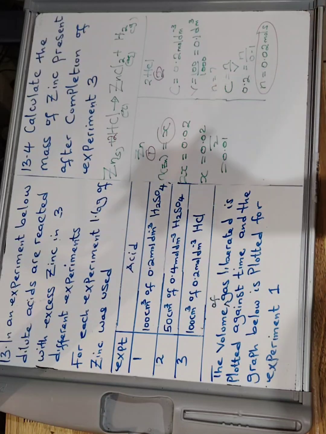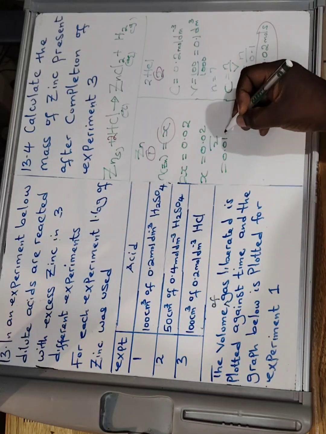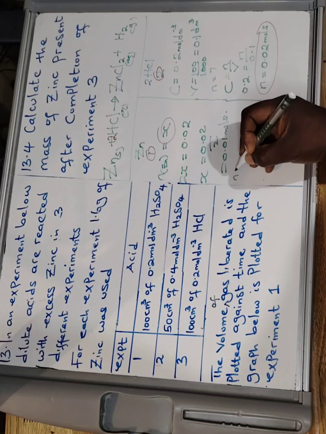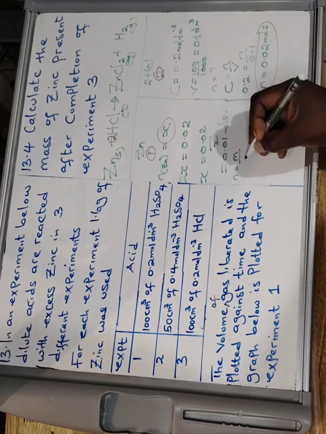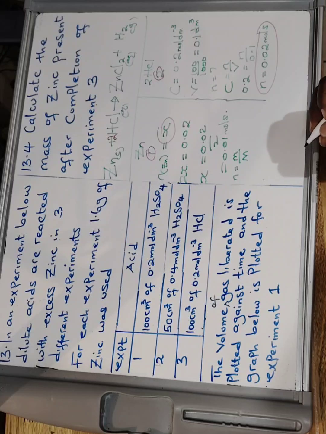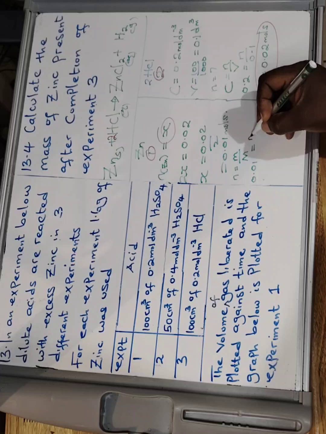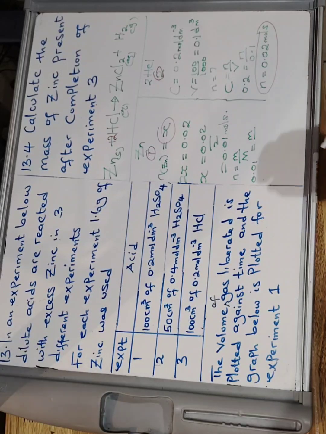After getting that, these are moles. And what do they represent? They represent the number of moles of zinc which reacted. So we convert them to mass using a very clear known equation, which says that n is equal to m over molar mass. So 0.01 equals the mass which you are looking for over the molar mass of zinc. Let's check for it.